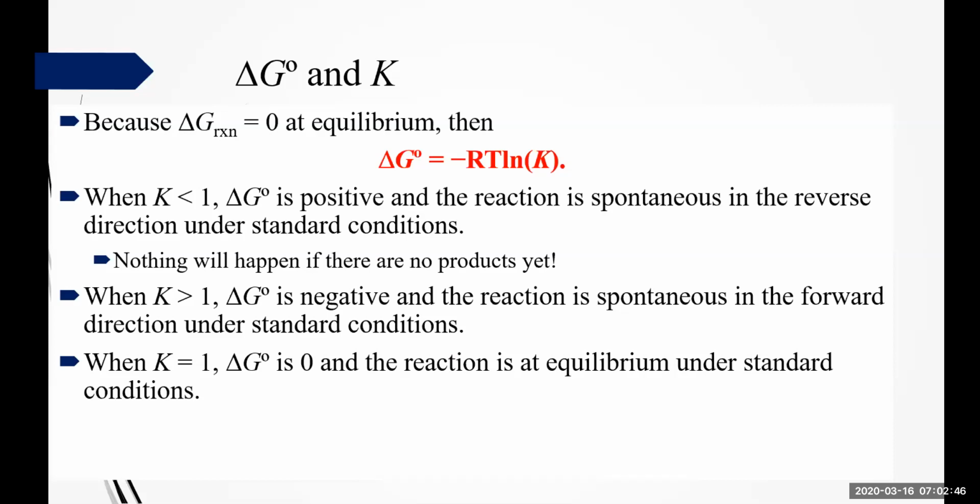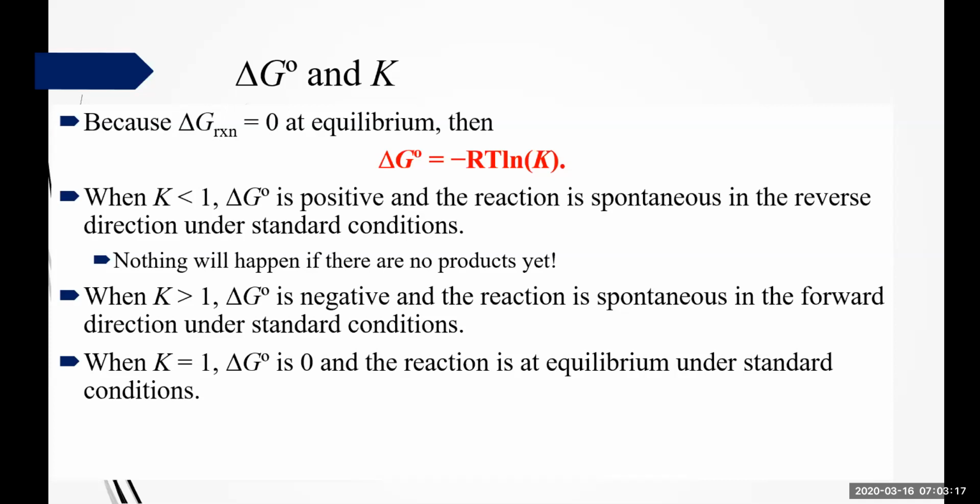Now, our K is a little bit different, right? We have our expression for K, our negative RT ln K. And so what this tells us is that our delta G naught has some relationship to that K, right? And so when delta G naught is positive, the reaction is going to be spontaneous in the reverse direction.